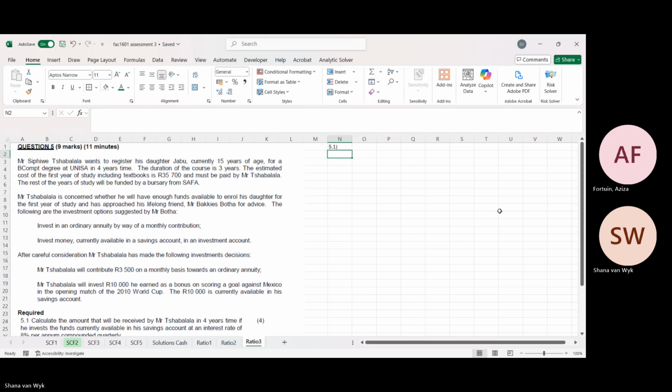Now, I just know how to do this one on the calculator. Okay, let me just write it out maybe. In 4 years' time, so N will be 4. If he invests his funds at an interest rate, so I/Y is 8%, compounded quarterly, is 3.